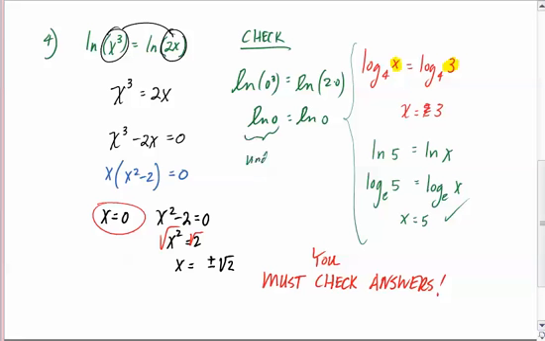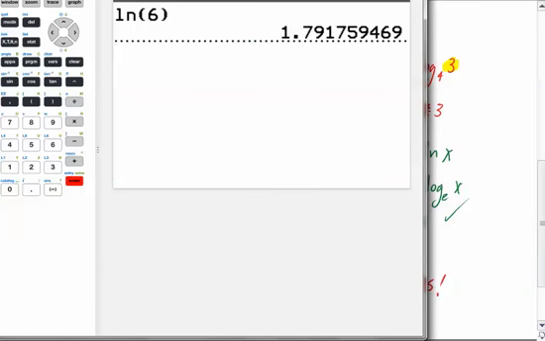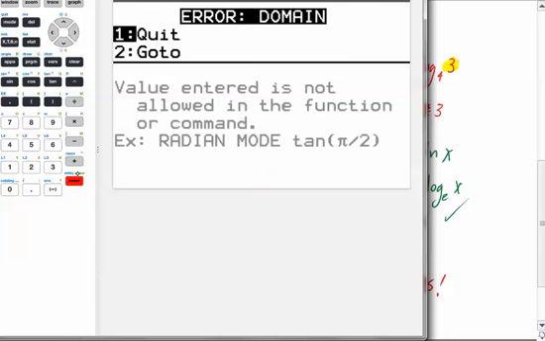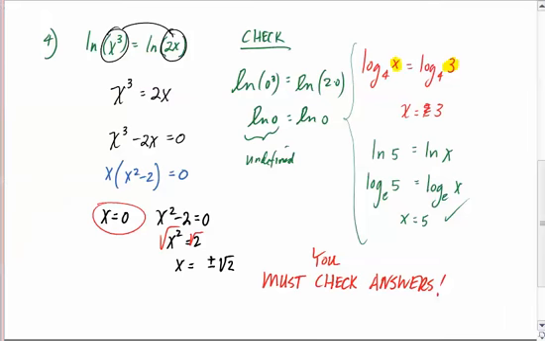Guess what? Put it in your calculator. It's undefined, right? That's just like saying the natural log of negative something. Let's put it in. The natural log of 0. Uh-oh, error, domain. You see that right there? The domain error. That means that 0 is not even in the domain. We can't do that. So guess what? That means that that one is not valid.